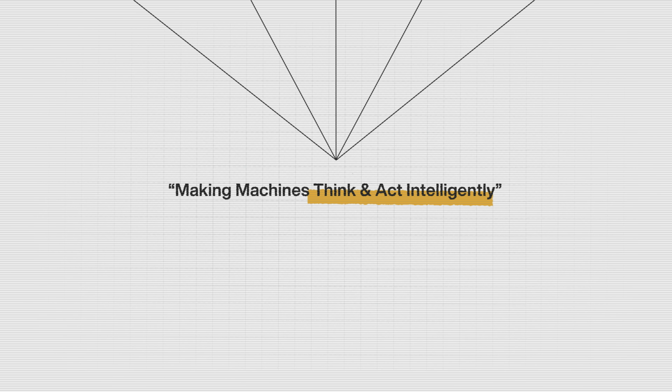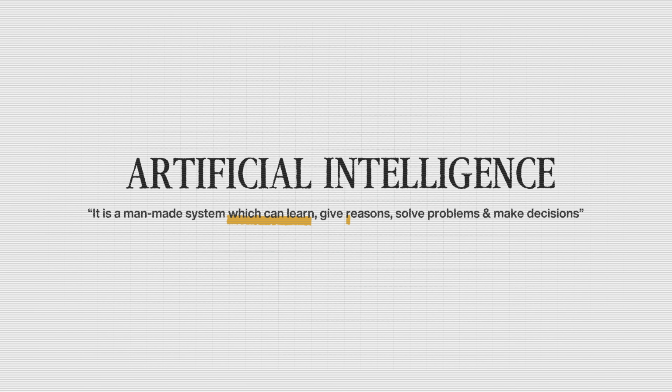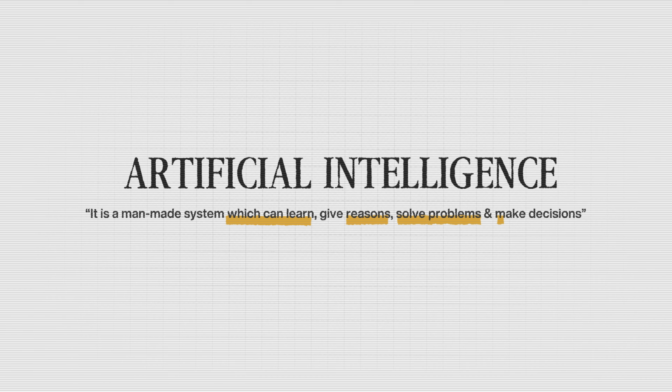That's it. Well, we have just defined AI as a man-made system which can learn, give reasons, solve problems, and make decisions, right? Now let's understand how it is able to do these things. Or in general, let's see how AI works.